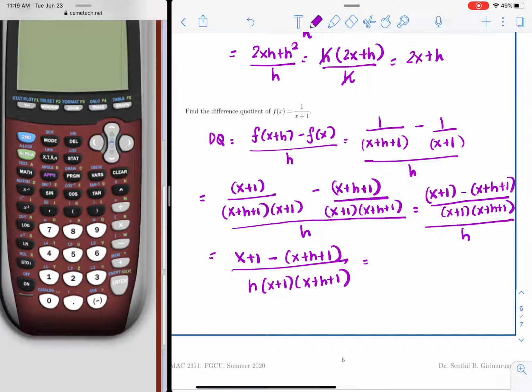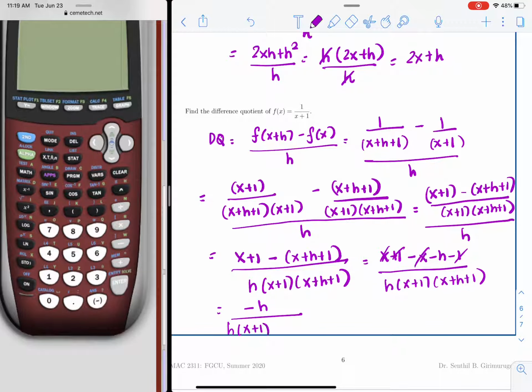Distribute in the numerator: x plus 1 minus x minus h minus 1, divided by h times x plus 1 times x plus h plus 1. The x's would go away, the 1's would go away. We have negative h over h times x plus 1 times x plus h plus 1. The h's would go away. We simply have minus 1 over x plus 1 times x plus h plus 1.